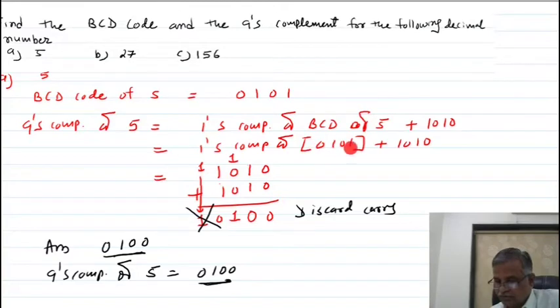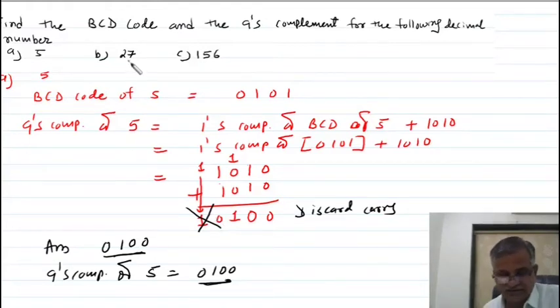So I am doing this. What is the first complement of 5? The first complement of 5 is 0110. You know, the first complement of 0 is 1, for 1 is 0, for 0 is 1, for 1 is 0, and to that I add this. So this carry I have discarded. So my answer is this.